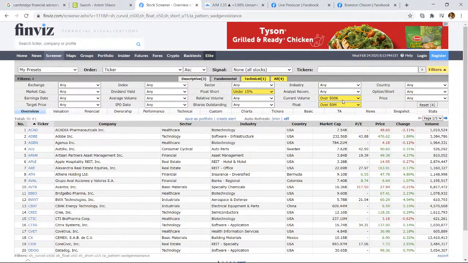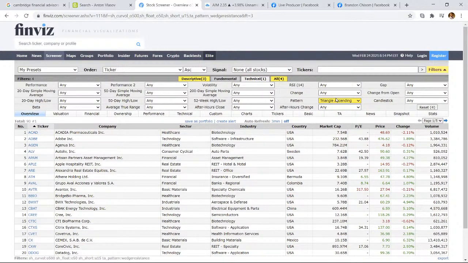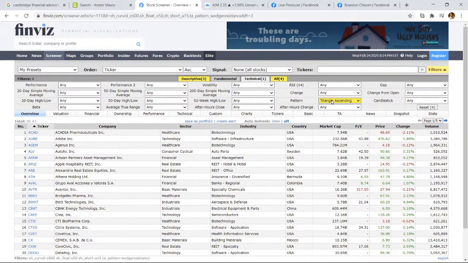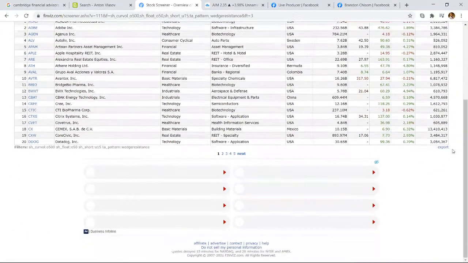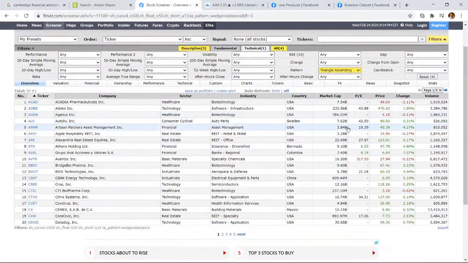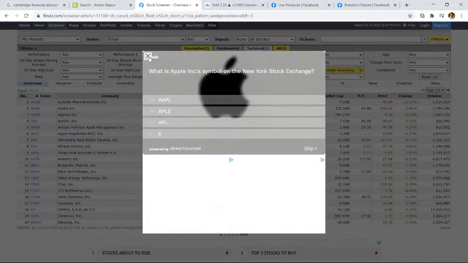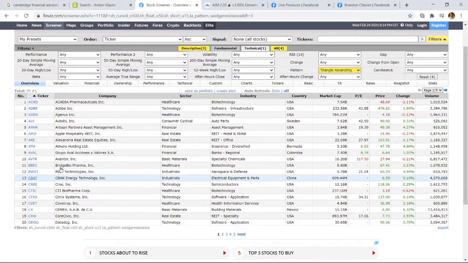Current volume is 500,000 or 1 million or more. And from a technical standpoint, you go to the technical tab and click on pattern triangle ascending, and it'll pull up a list of stocks that have 50 million shares or less from a float standpoint, at least 500,000 shares of current volume, and that match the triangle ascending pattern.